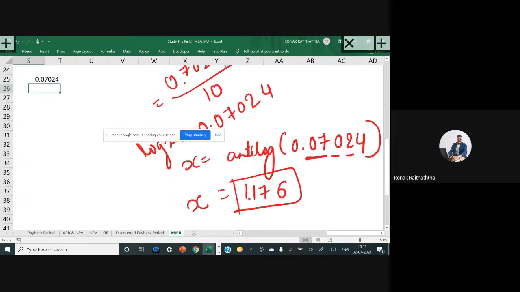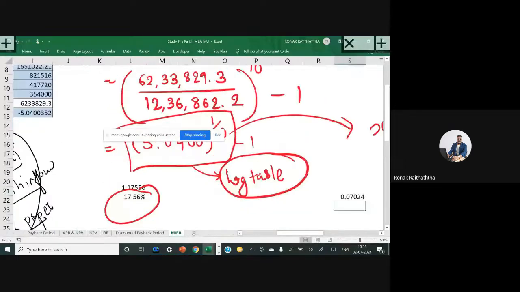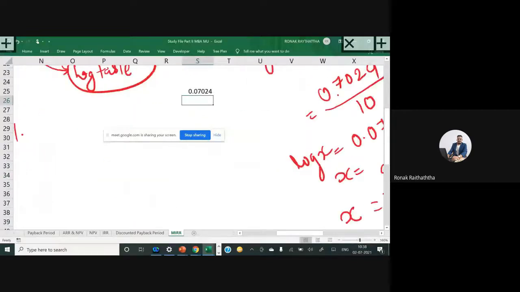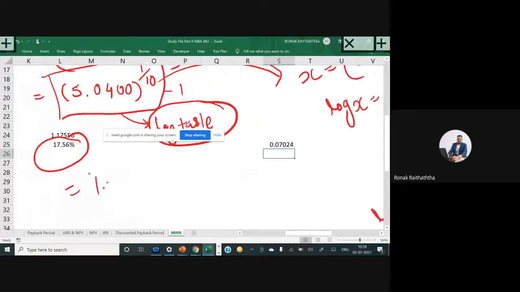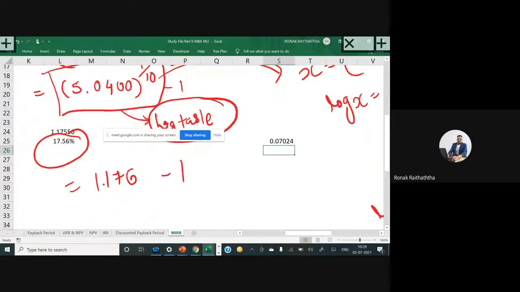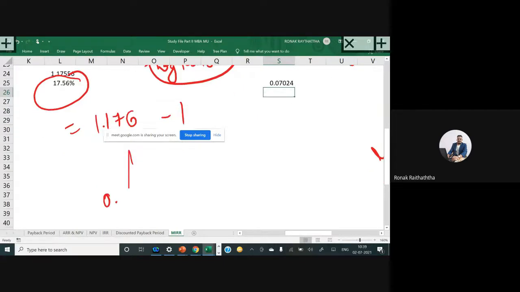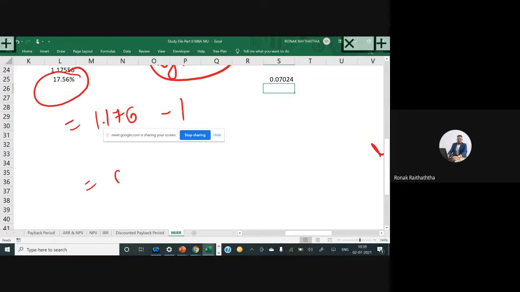Let me put it in the last equation. So equal to 1.176 minus 1, so it will be 0.176, which can also be written as 17.6 percent.